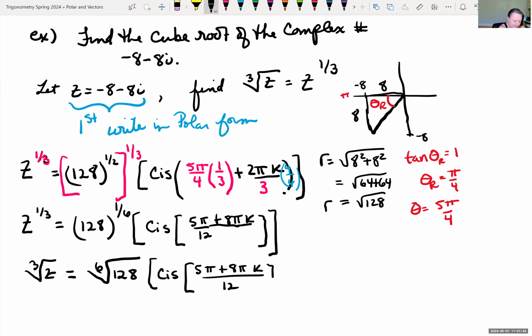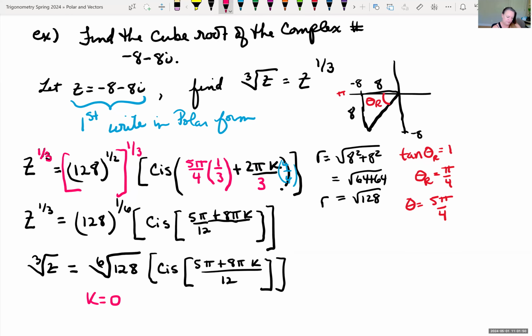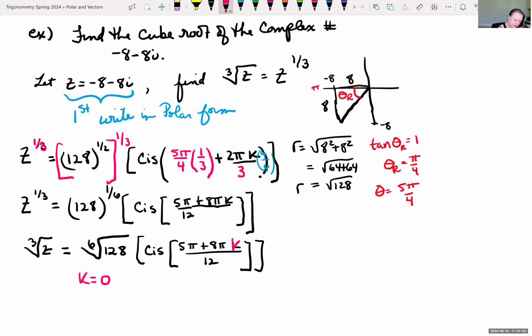So let's now look at when k equals 0. I'm going to plug in 0 in here. We're going to get that this is the sixth root of 128 cis of 5 pi 12ths.